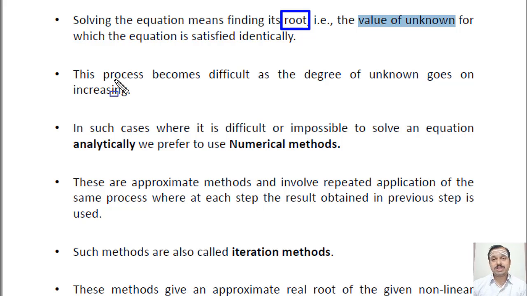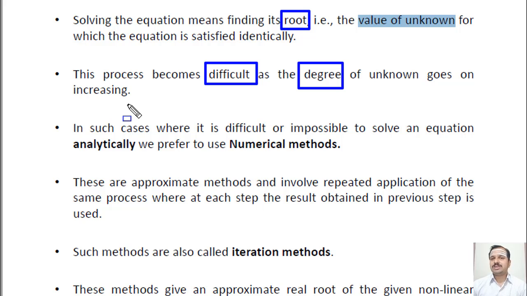But the process of solving the equation, that is, obtaining the root of the equation, becomes tedious and difficult as the degree of the unknown which appears in the equation becomes higher. That is, higher degree equations are very difficult to solve as compared to lower degree equations.